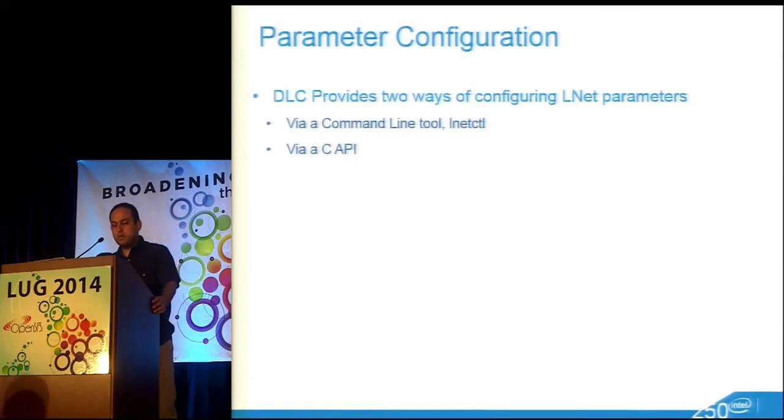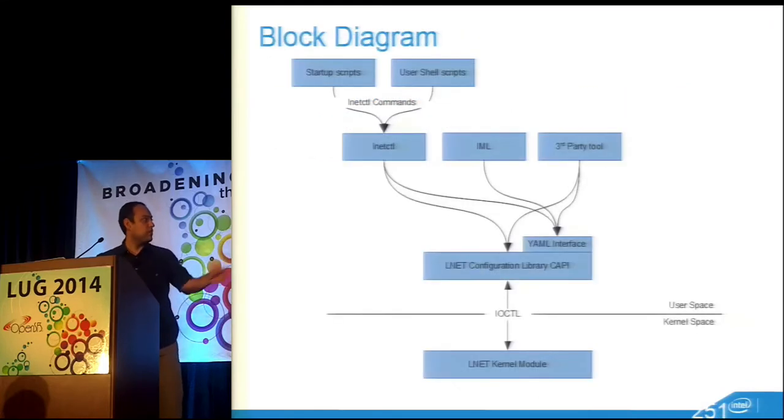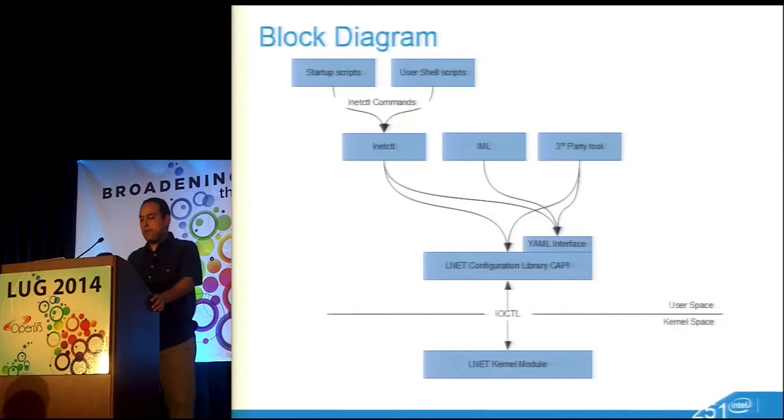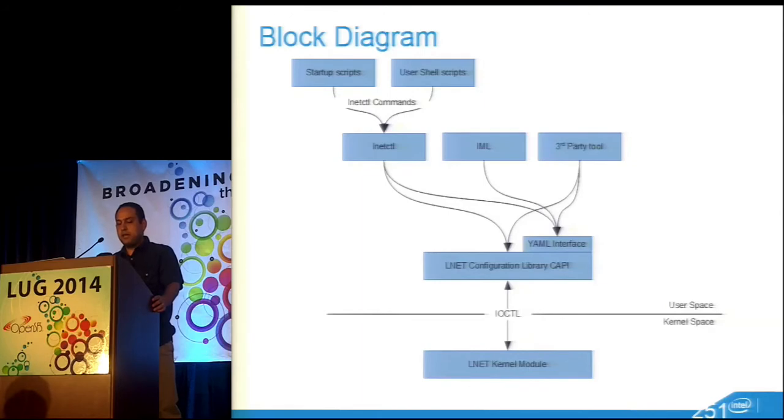So here's a quick block diagram to show how all the bits and pieces fit together. At the top, you have your startup scripts, your shell scripts. They can call LNET control on the right-hand side. And LNET control uses the LNET Config library API as its infrastructure. Also, other tools can use the library, like for example, our IML tool, or another third-party tool.